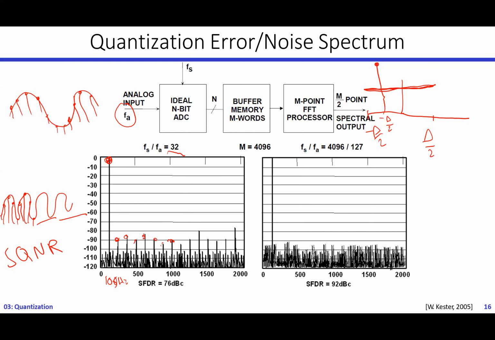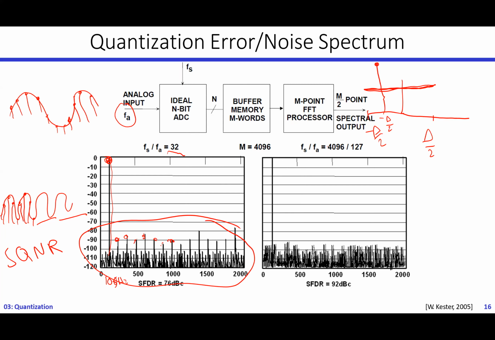Because when I find the SQNR, this is the signal power, the 0 dB here, and the sum of all these noises is the noise power, and the ratio between them is the value of SQNR. So if those go to higher values, it means more noise, and more noise means my SQNR will be reduced, which is something I don't want to happen.